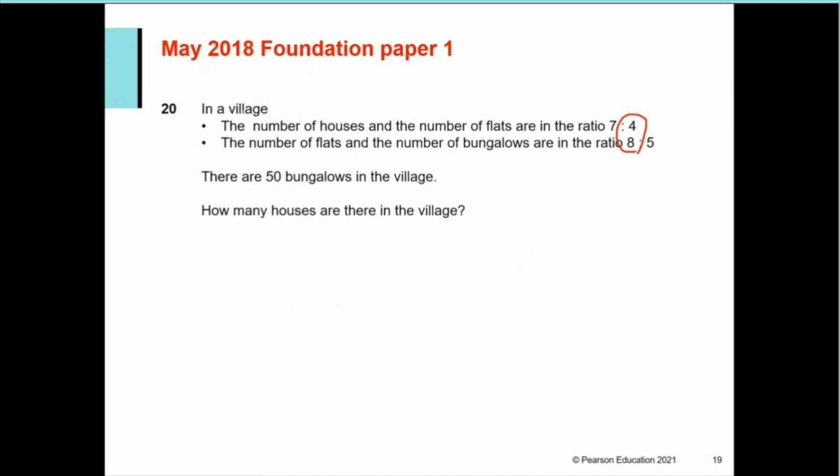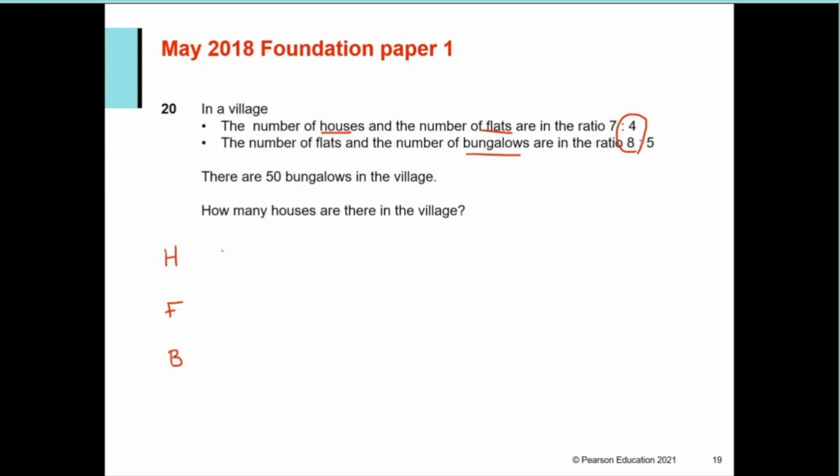So with this one, we've got houses, flats, and bungalows. In the same way, again, I train my students to look for the names, what is it we're talking about. So we've got houses, we've got flats, and we've got bungalows.